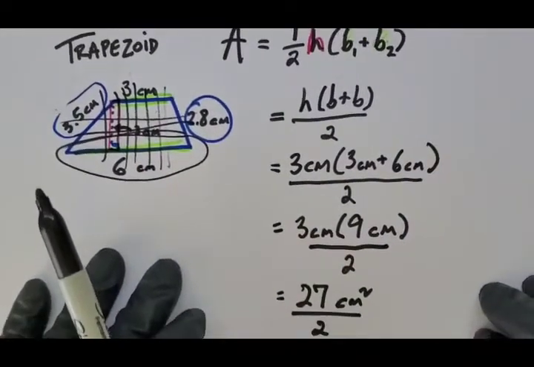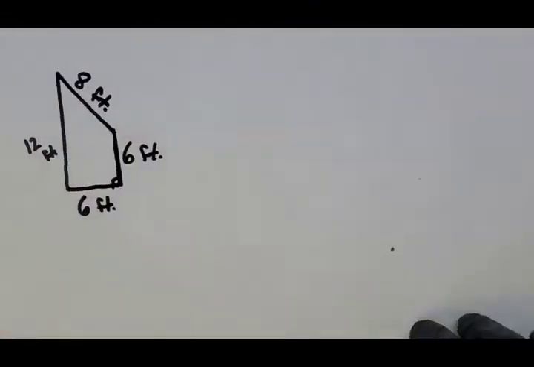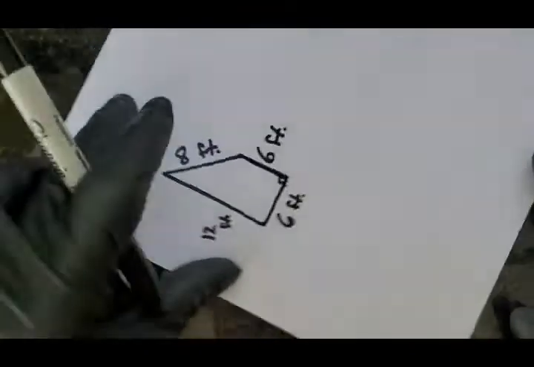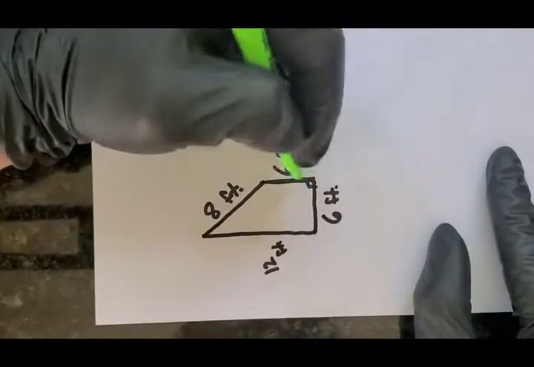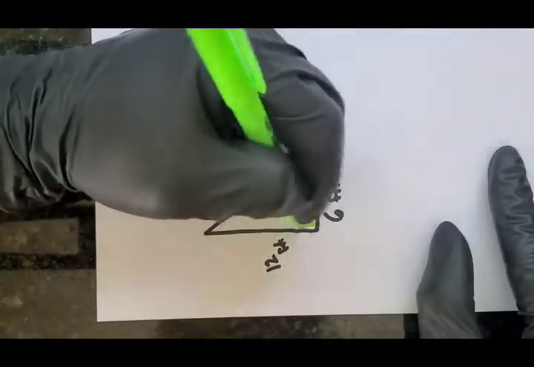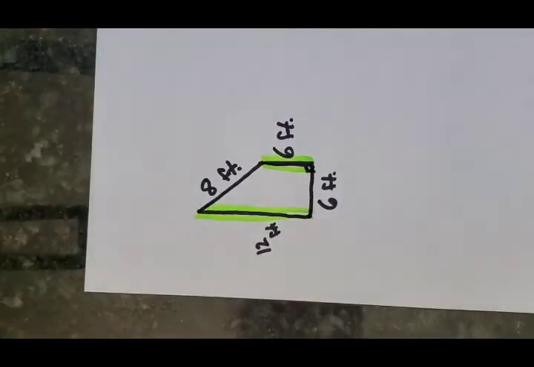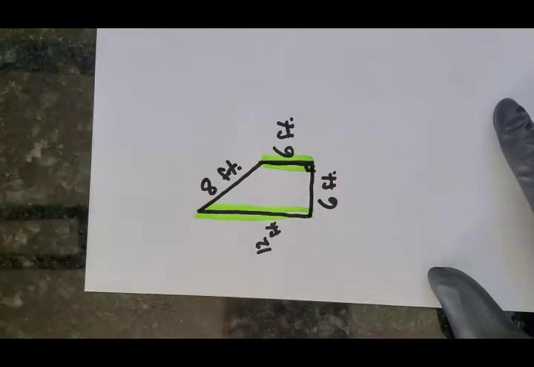I thought I'd show you maybe one other example, and it's going to pretty much follow the exact same process. I rotated this trapezoid. This is definitely a trapezoid if you take a look at it. We have a pair of sides that are parallel, and the other sides can go any which way they want. All right? So that means this distance is not necessary.